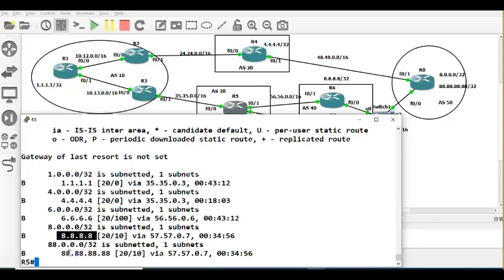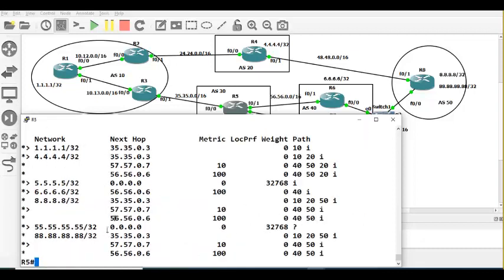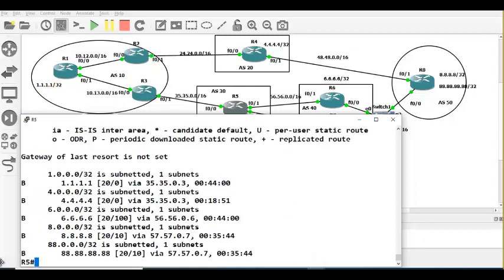Even for 888 and 88, it will start going via router 3 if I set high weightage to router 3. To go to 6666, there is no path via router 3, so setting weight will not have any impact for 6.6.6.6. Except 6.6.6.6, all other destinations are going to be via router 3 after I set high weightage to router 3.